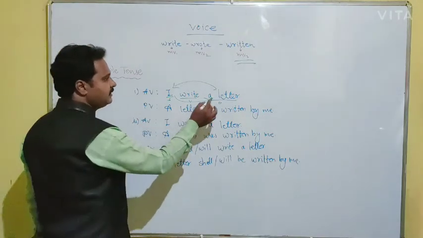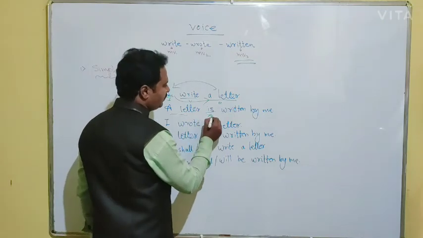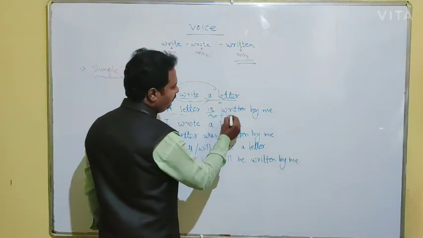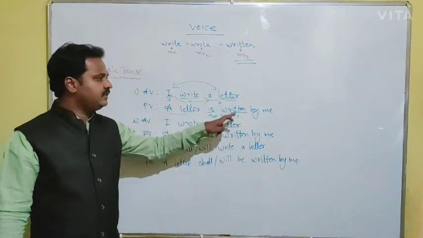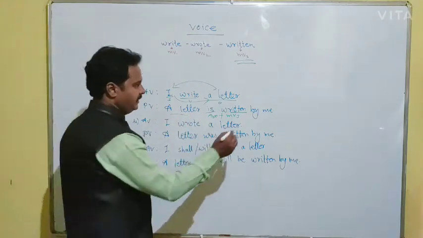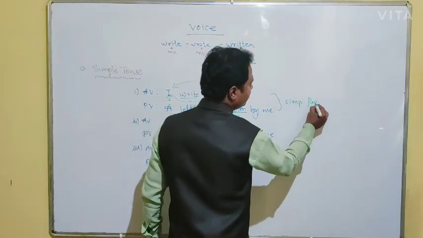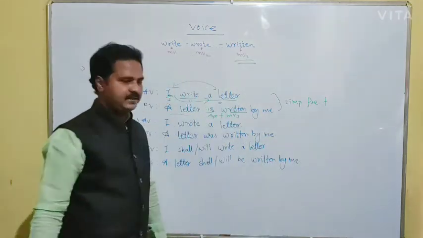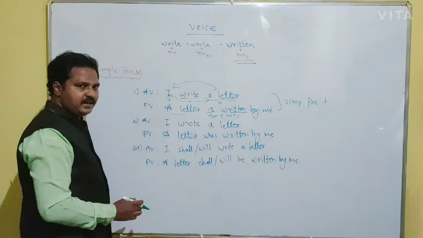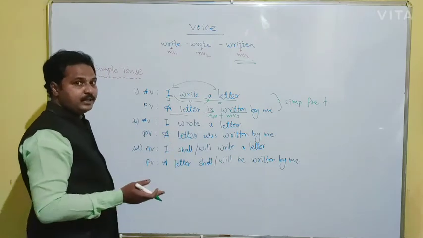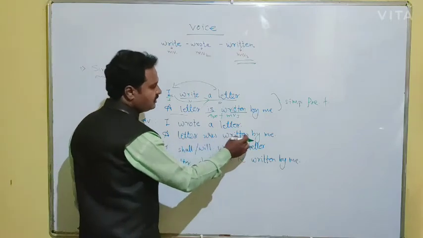Here we write a letter as the subject, then auxiliary verb plus main verb third form, written. A letter is written by me. This is simple present tense. Then simple past tense. I wrote a letter. Wrote is simple and singular, that's why a letter was is here. A letter was written by me.